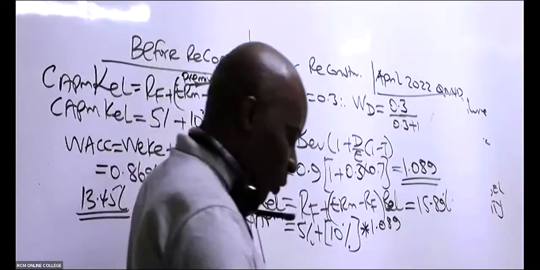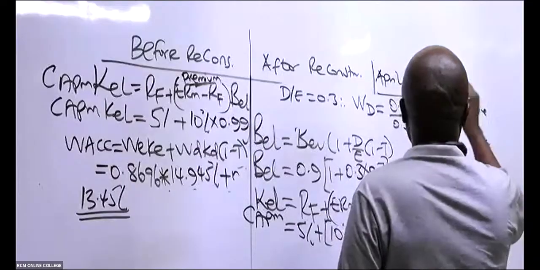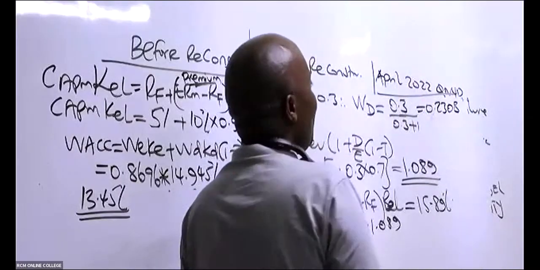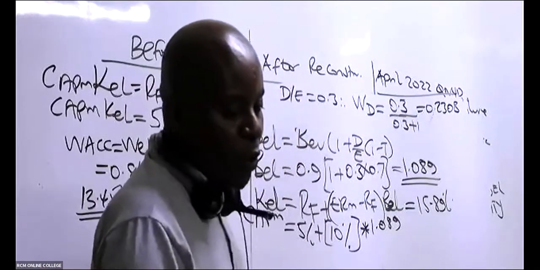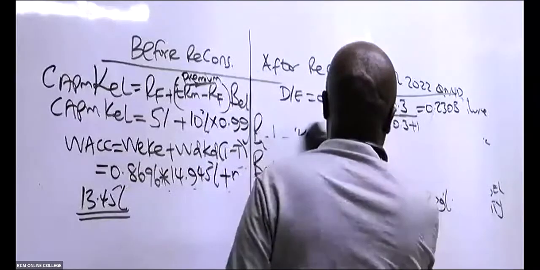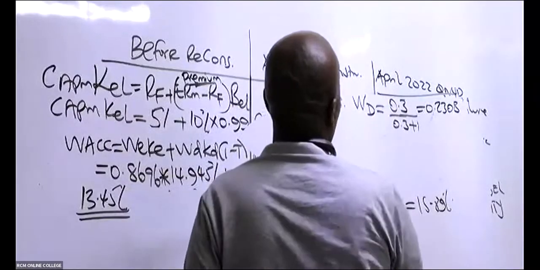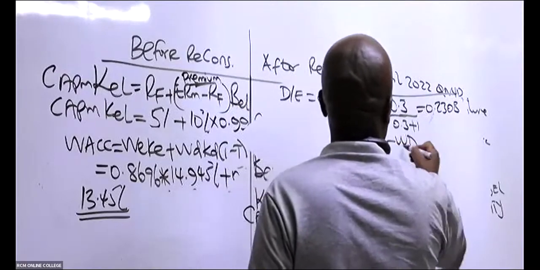0.2308. Now, once I get these, ladies and gentlemen, I will comfortably give you guys weight of what here? Weight of equity, isn't it? So the weight of equity will be 1 minus the weight of debt.